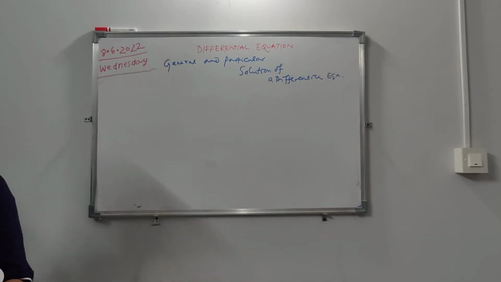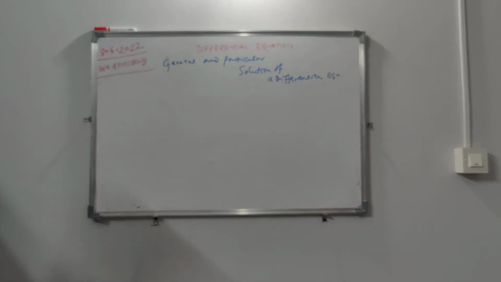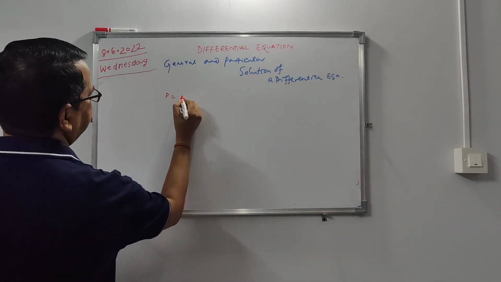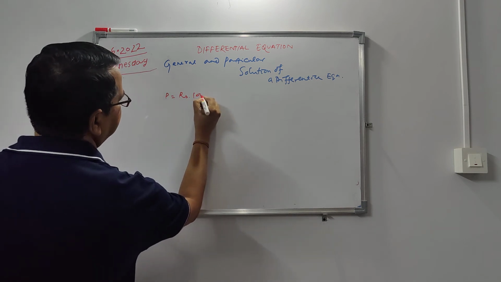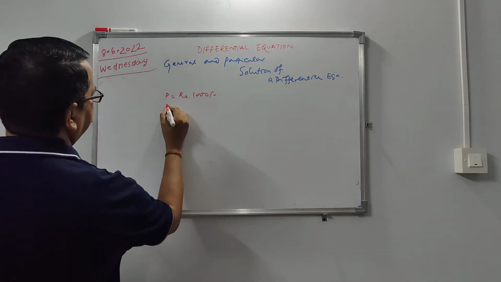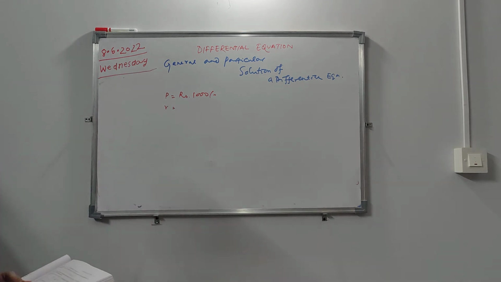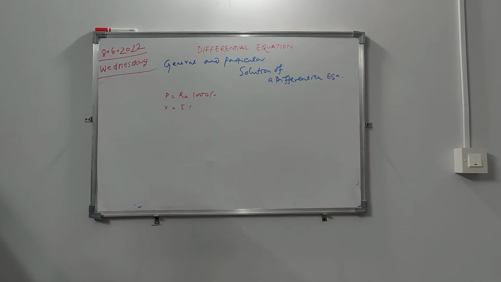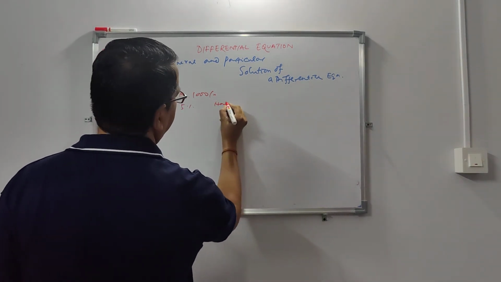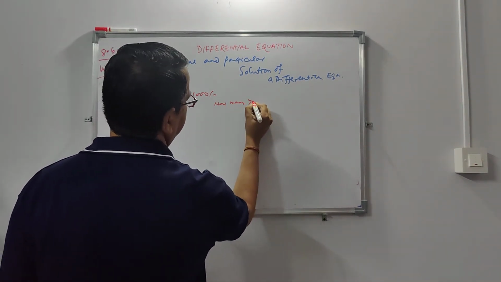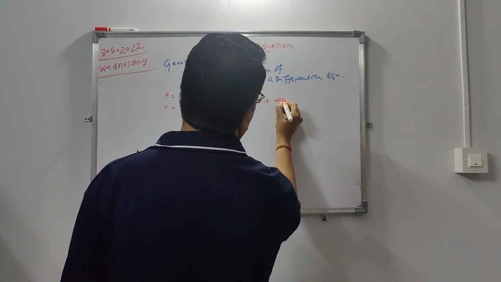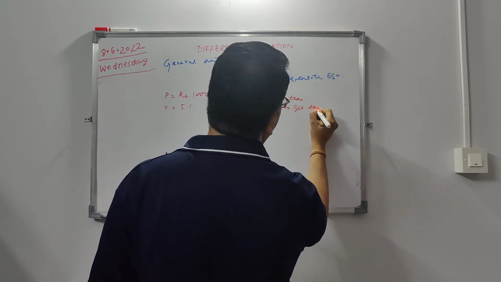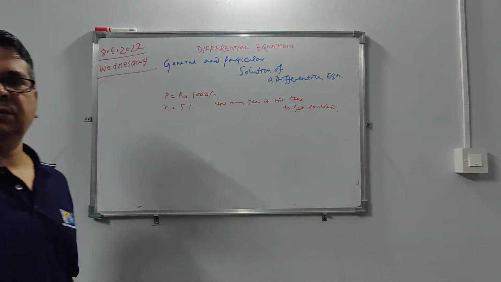In how many years will rupees 1000 double itself? Okay, so you have principal as rupees 1000, and your rate of interest R is 5%. So the question is how many years it will take to get doubled. That's the question.